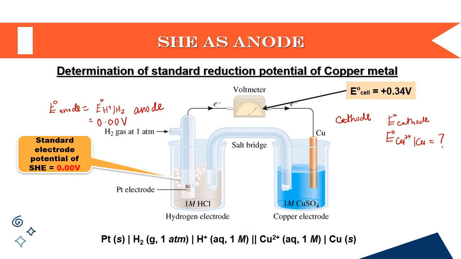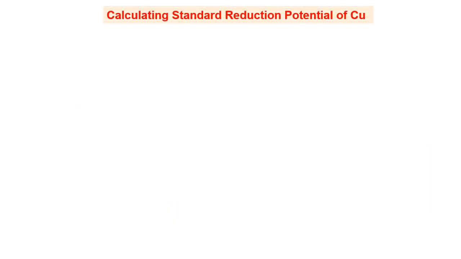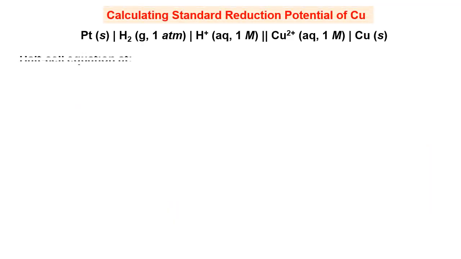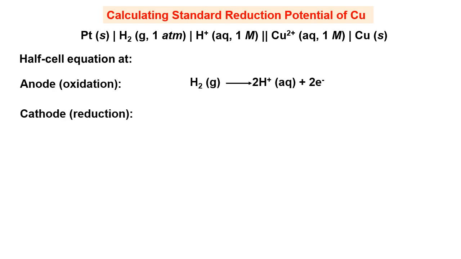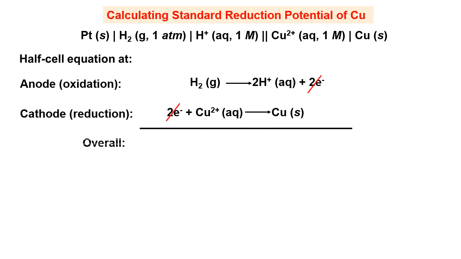Now let's take a look at how to do the calculation, calculating the standard reduction potential of copper. This is the equation to find the overall equation. I will not discuss this because it is the same. For oxidation, it will be hydrogen gas to H plus. If reduction, H plus to hydrogen gas. It's just the other way around.